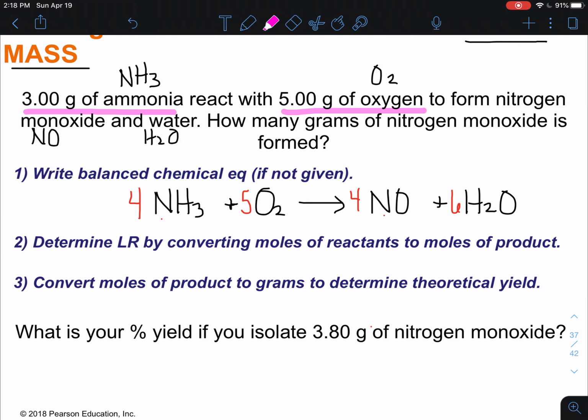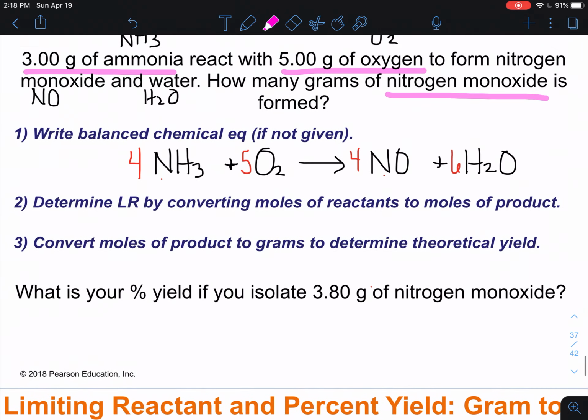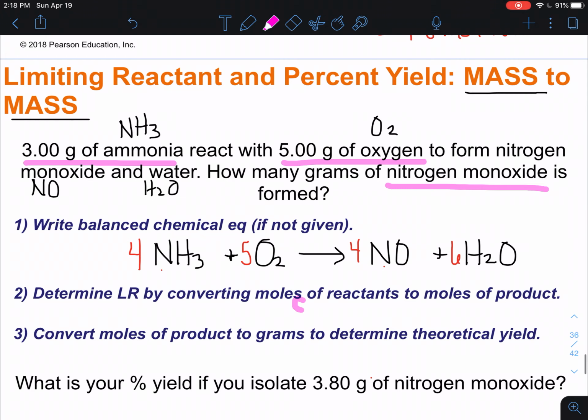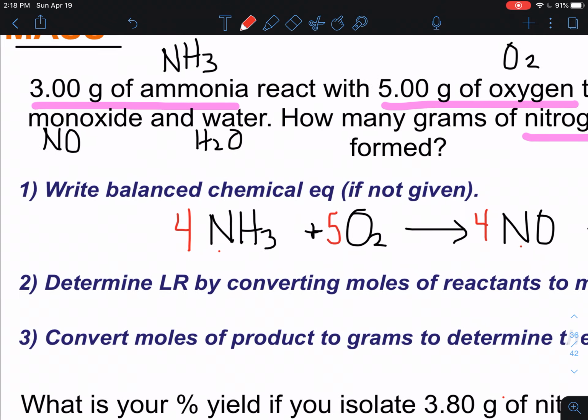Which one? The one that's specified, nitrogen monoxide. Sorry, I didn't leave enough room here, so I'm going to have to zoom in. So let's do ammonia first. Convert 3 grams of ammonia to product.